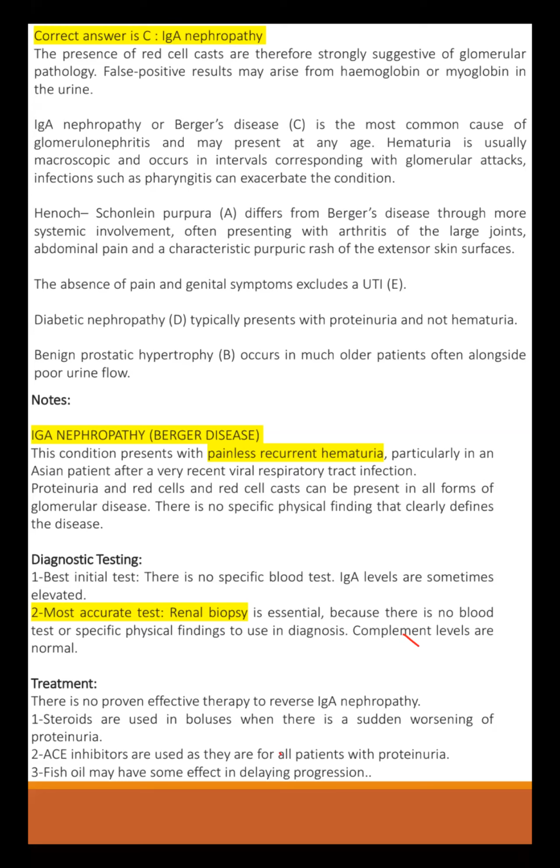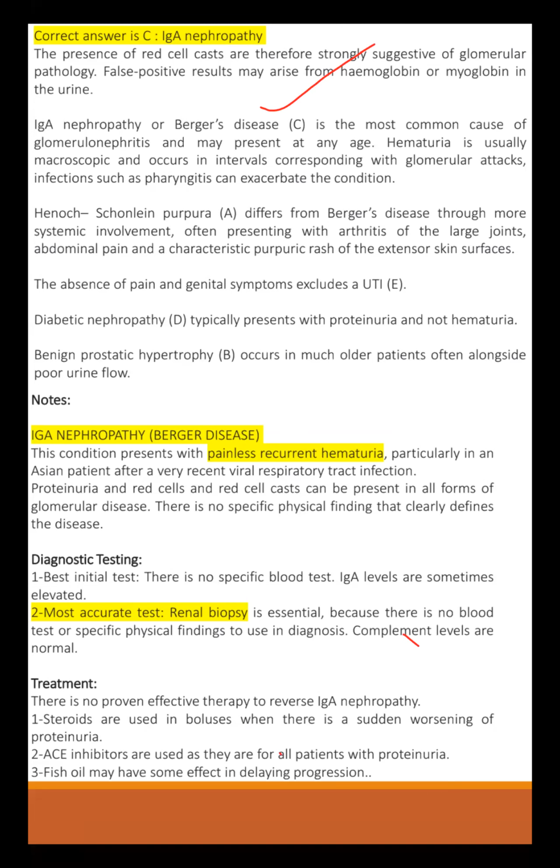So the presence of red cell casts strongly suggests glomerular pathology here. IgA nephropathy, or Berger disease, is the most common cause of glomerulonephritis. It can present at any age. Hematuria can present with a microscopic picture in the interval, with recurrent glomerular attacks.